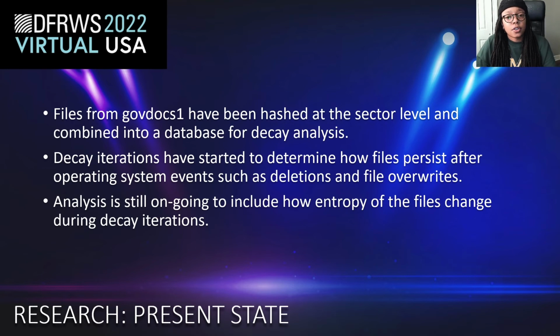We are still currently analyzing the entropy of those files. So we are creating that ground truth for what the entropy is when we first created the GovDocs file hash corpus. And then we are going to track that entropy as we decay and run those different iterations, because the file's entropy will change as parts of it start to get deleted, for instance.